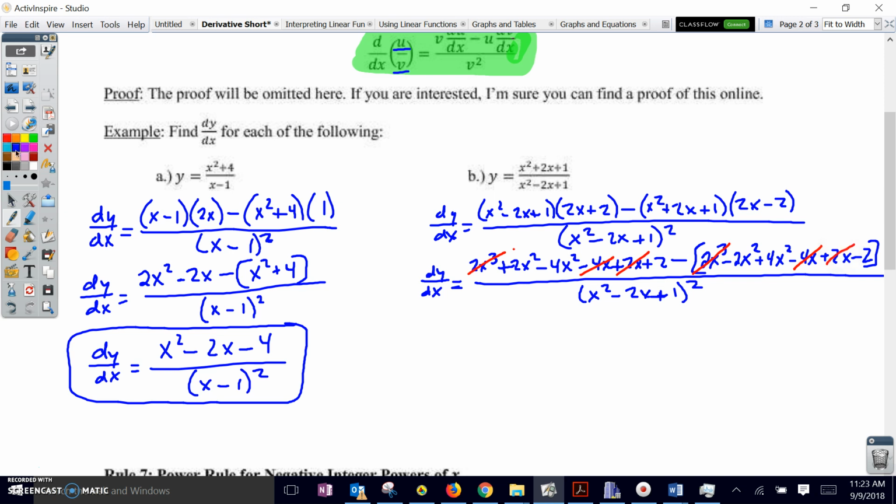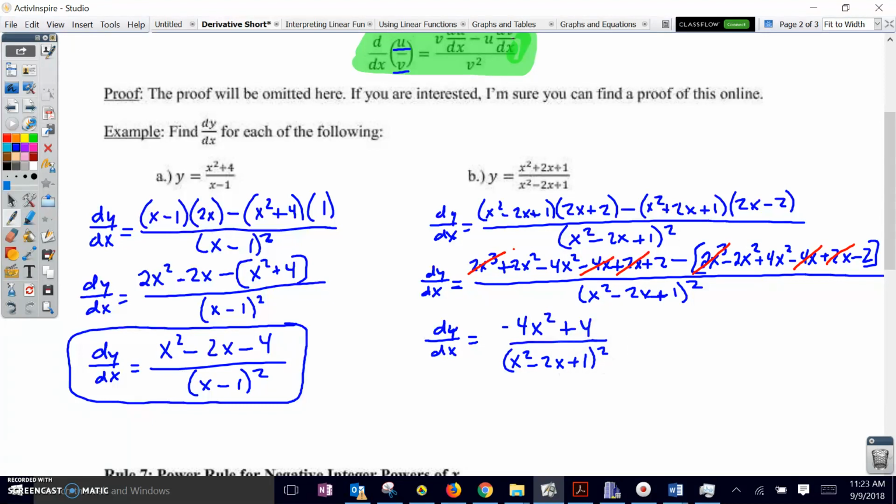And now I can combine my like terms here in the numerator. I've got negative 2x squared minus positive 2x squared. That gives me negative 4x squared. And I've got 2 minus a negative 2. That gives me a plus 4, all over x squared minus 2x plus 1 quantity squared.